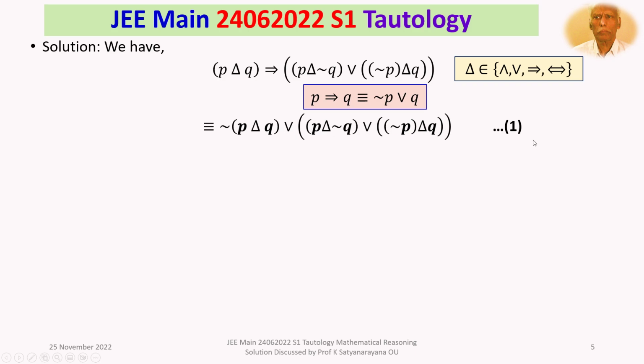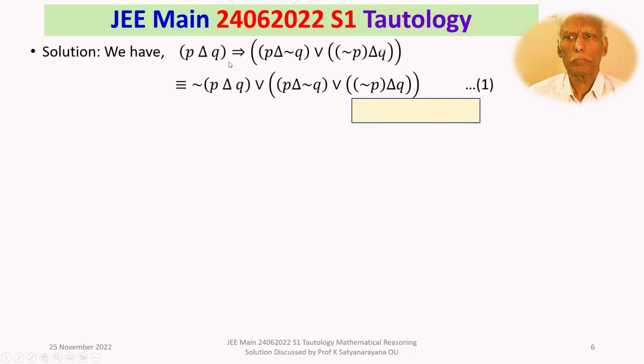Let's call this equation 1. So this statement 1 is equivalent to the given one. So we are going to compute whether it is a tautology for delta belonging to these 4 logical connectives. We will discuss one by one in the next slides.